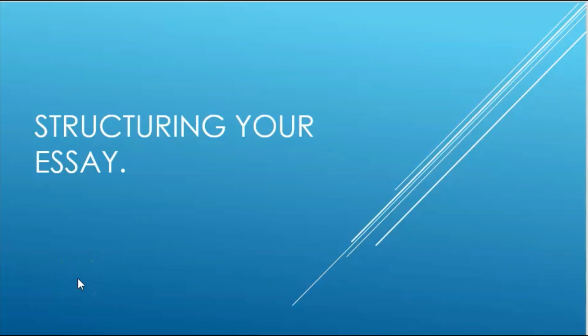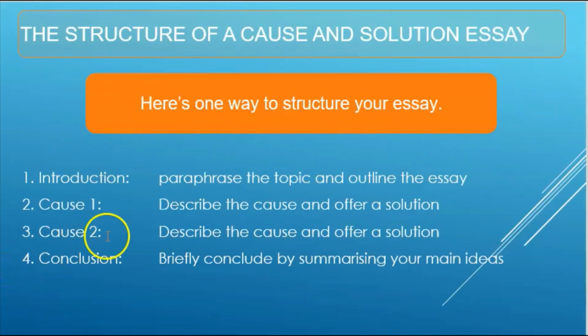After you have generated your ideas, then you decide on how you're going to structure your essay. Here's one way. I suggest 4 paragraphs. You've got your introduction, paraphrase the topic and outline the essay.